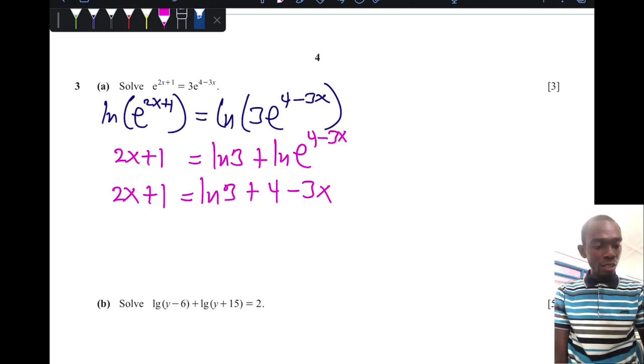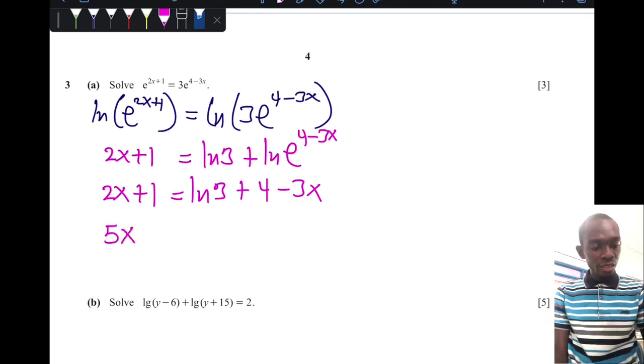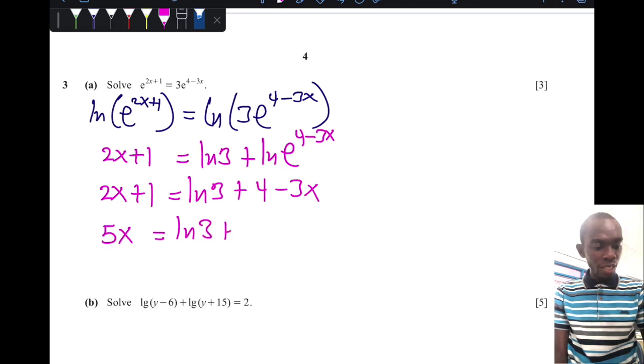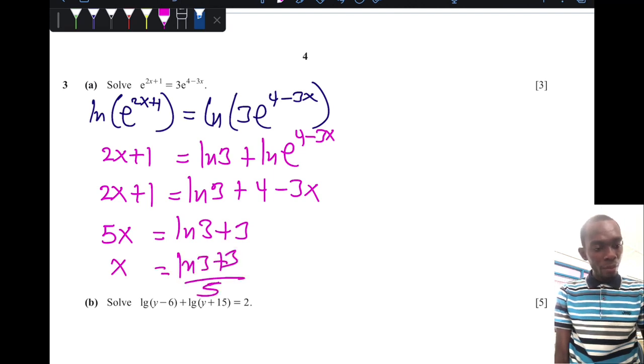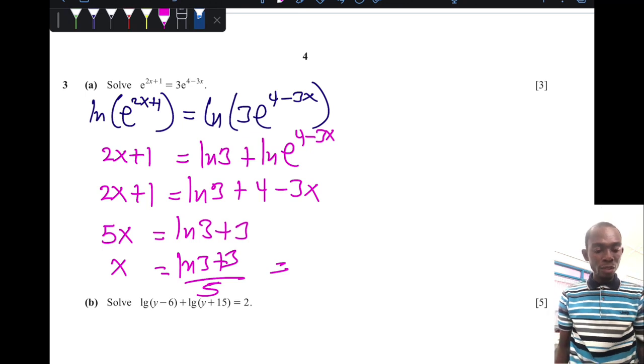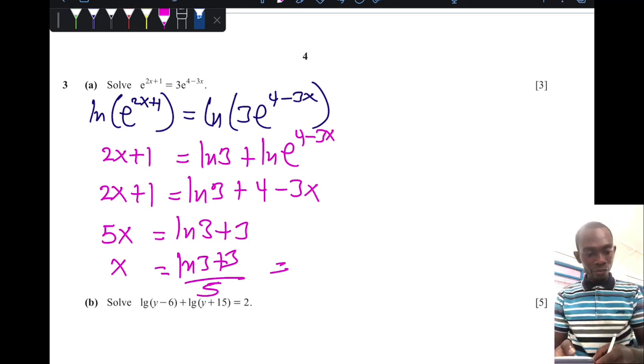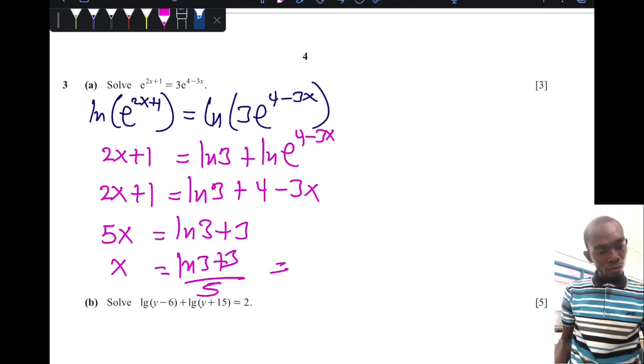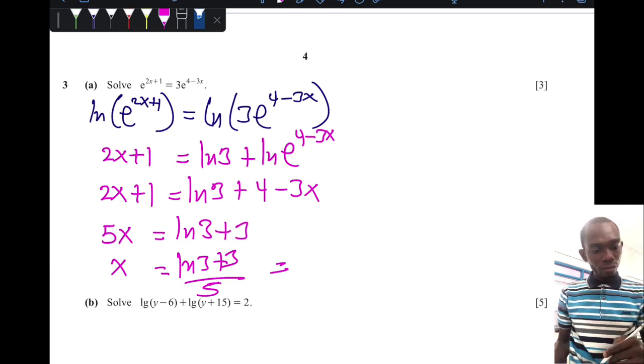Put the x's together, so you have 5x. Now you have this plus 3, I think so. So x is ln 3 plus 3 over 5. Okay, this is solve for x, so you can put it on the calculator and then you get the value. Yeah, I think I've not made any mistake there.